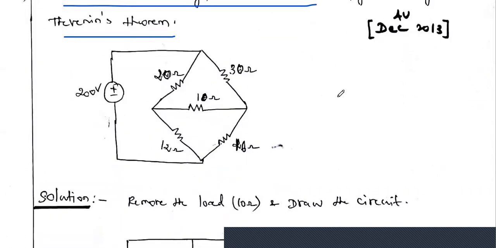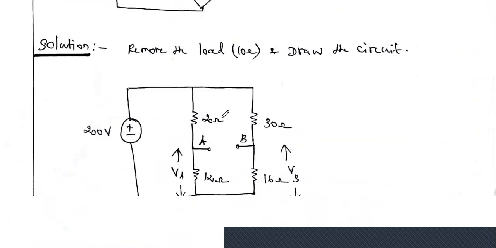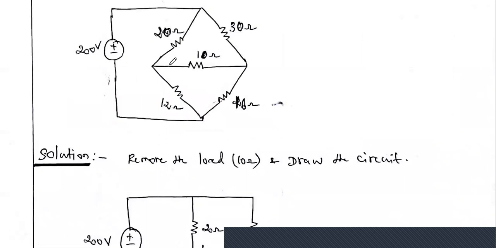That is the first step. After removing the load, we make the terminals A and B. Across this open circuited terminal AB, you find the total open circuited voltage available. That is said to be the Thevenin's voltage.